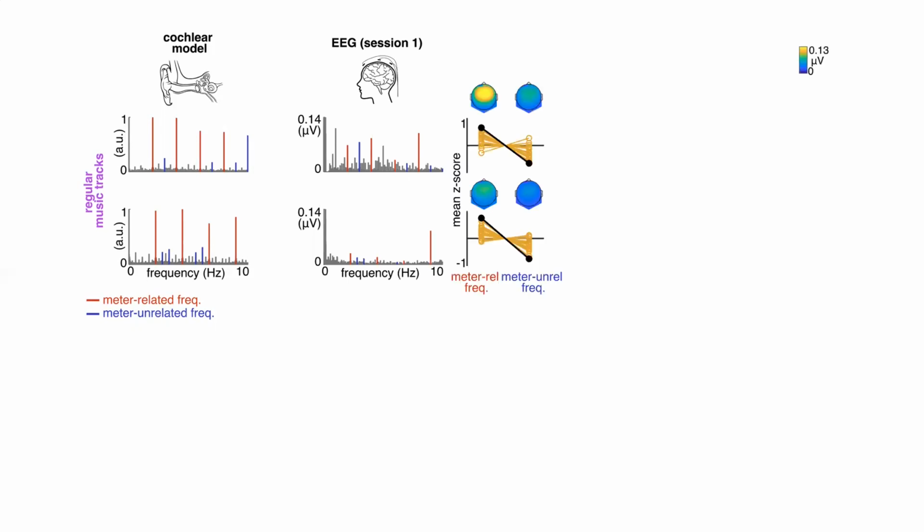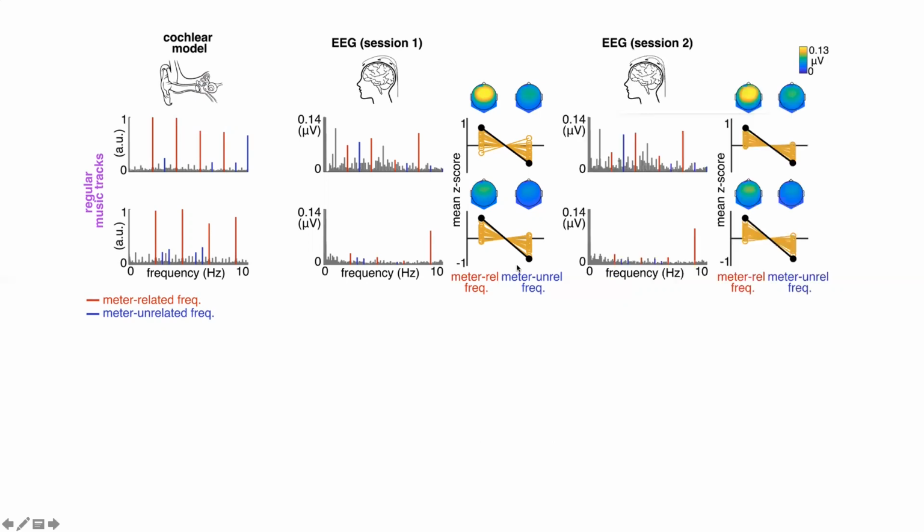And similarly to our results with artificial rhythms, meter-related frequencies are very prominent in the brain responses for these regular tracks. And each yellow line here is a participant. And this can be easily explained by low-level stimulus features as captured by the cochlear model, which is shown in black. And the responses were quite consistent in the second session.